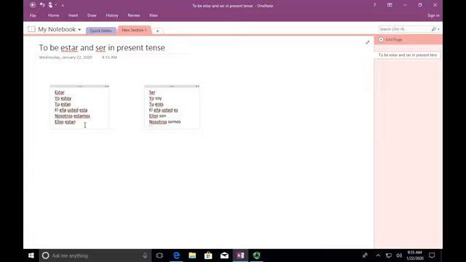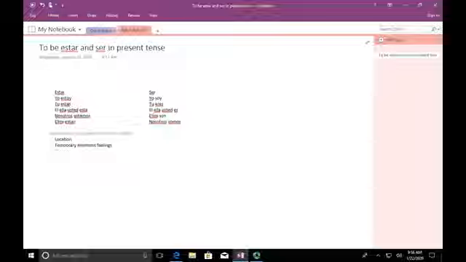Alright, so now we're going to talk about when you would use estar versus ser. So for estar, this is primarily used with the location of something, and also with temporary emotions or feelings. So I'm going to give you some examples for that.